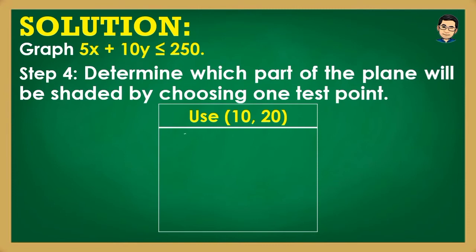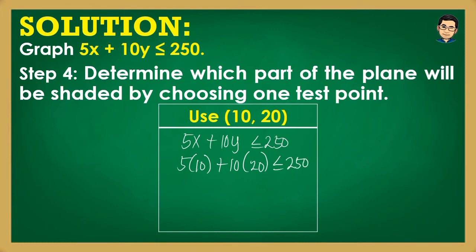So let's write 5x plus 10y is less than or equal to 250. And then substitute 10, 20. So magiging 5 times 10 plus 10 times 20 is less than or equal to 250. So 5 times 10, that is 50, plus 10 times 20, that is 200, is less than or equal to 250.